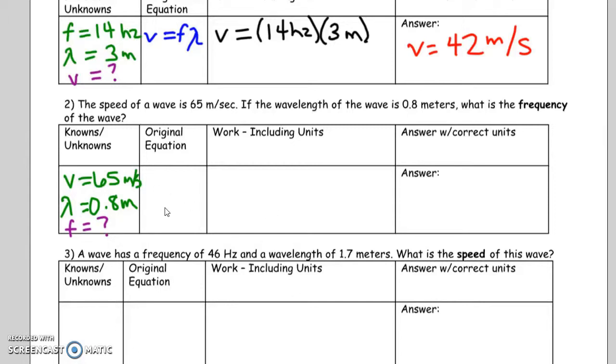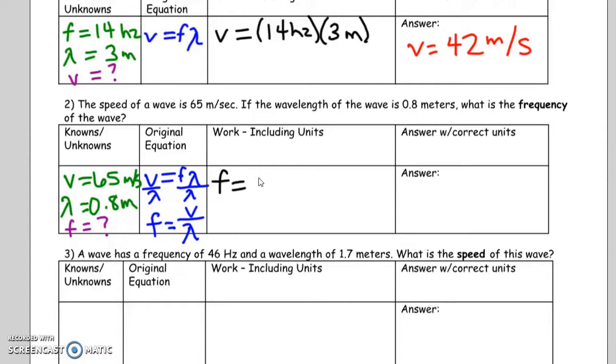The equation that we need to use for this, if you take your original equation and divide both sides by lambda to get frequency by itself, we get F equals V over lambda. And now we can start plugging in and showing our work.